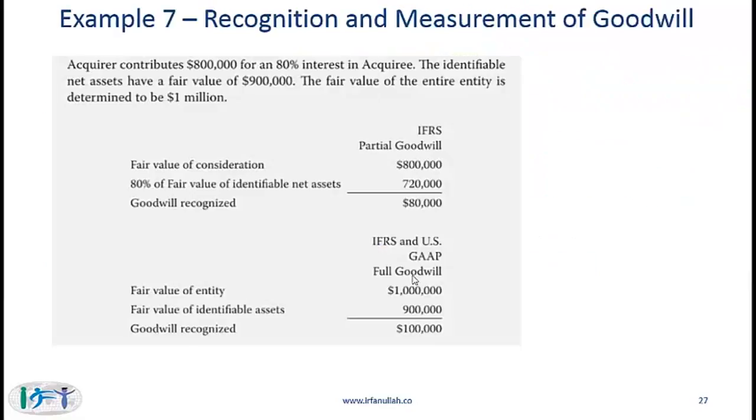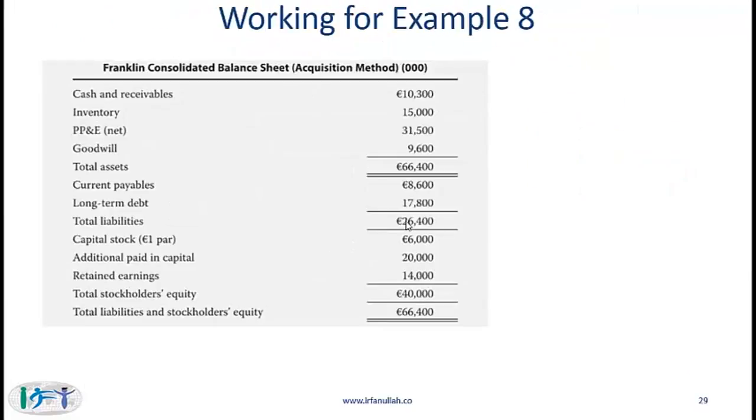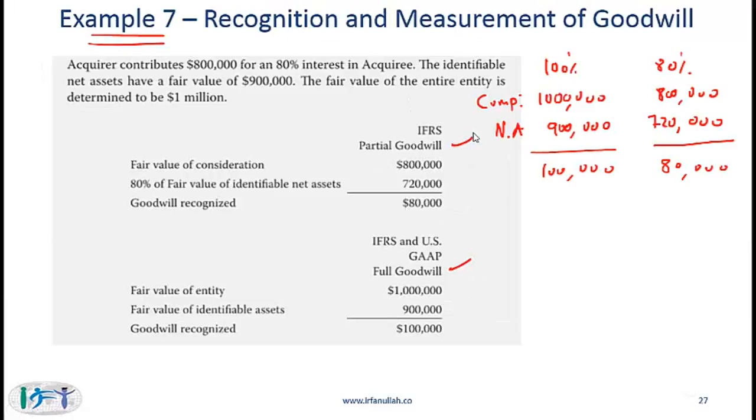Now let's take a look at example 7, which demonstrates the calculation of partial goodwill and full goodwill. Note that IFRS allows both methods, whereas US GAAP says that we must use the full goodwill method. We have a very simple scenario. The acquirer acquires another company called the acquiree, and the total value of the acquiree is 1 million.